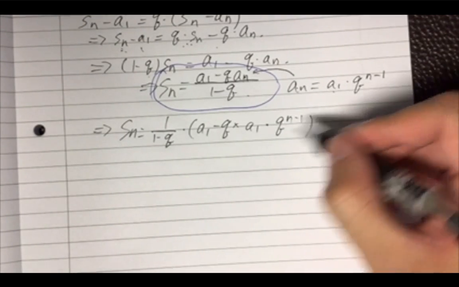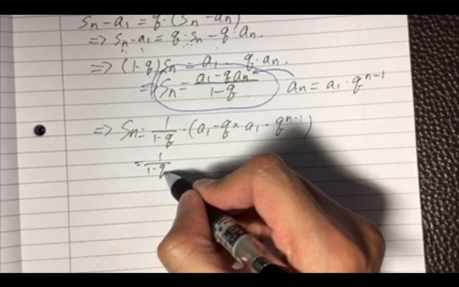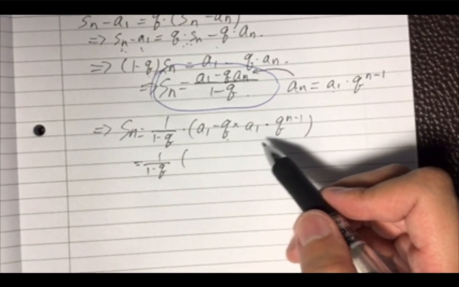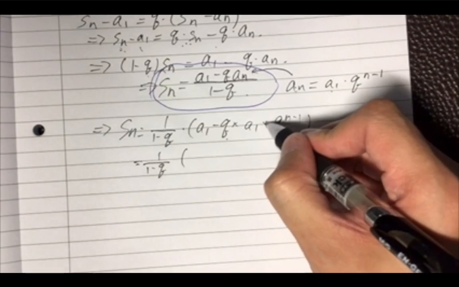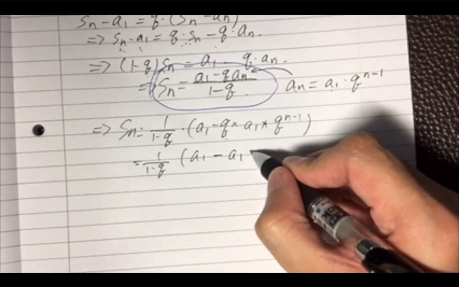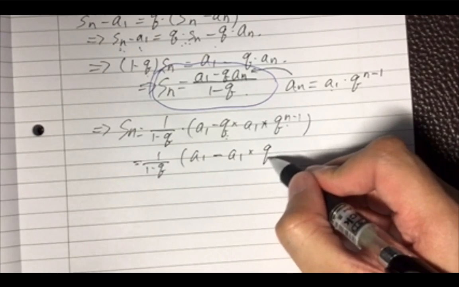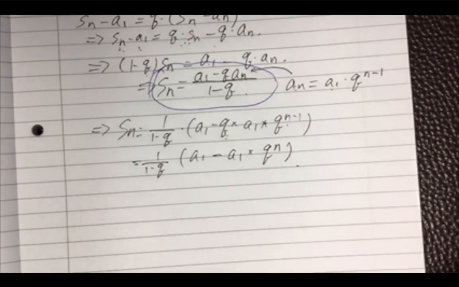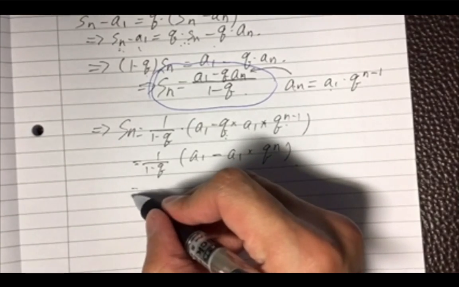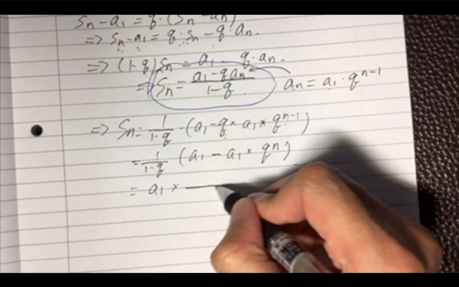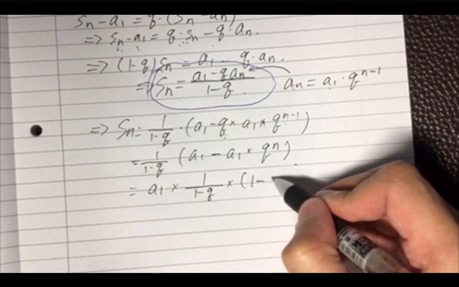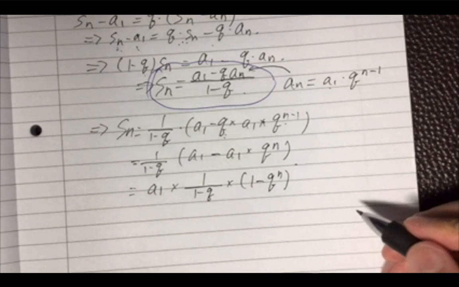Then 1 over (1 minus q), and this multiplication gives a1 minus a1 times q to the power of n, right? And we get a1 out. It's 1 over (1 minus q) times a1 times (1 minus q to the power of n).